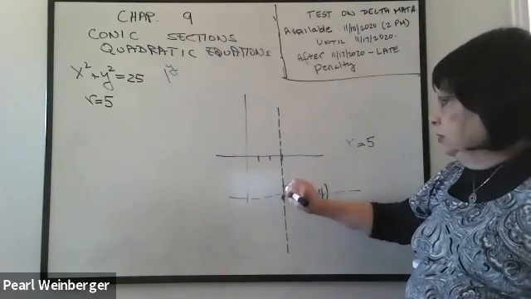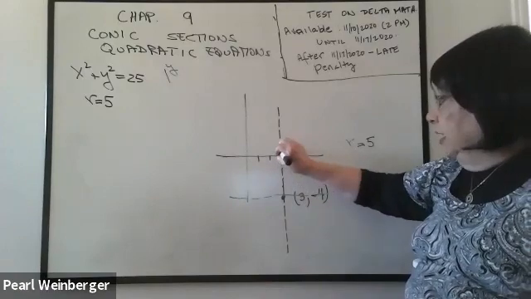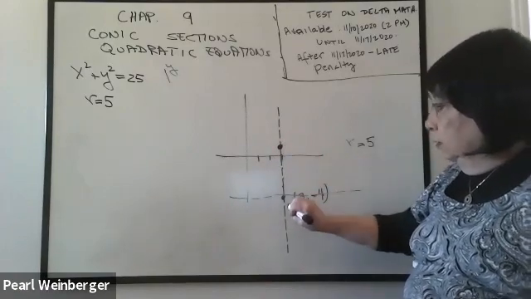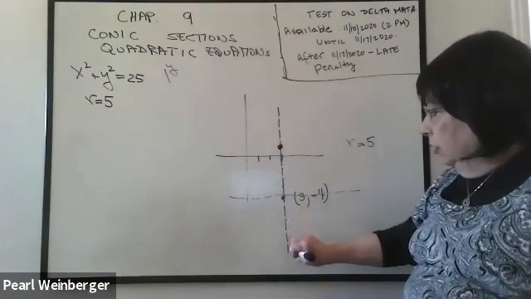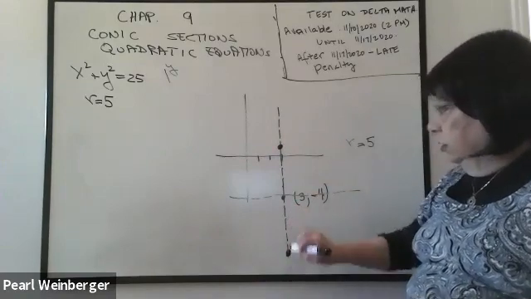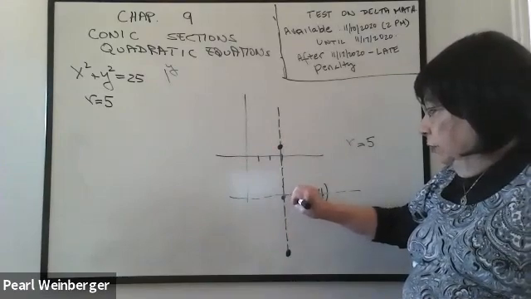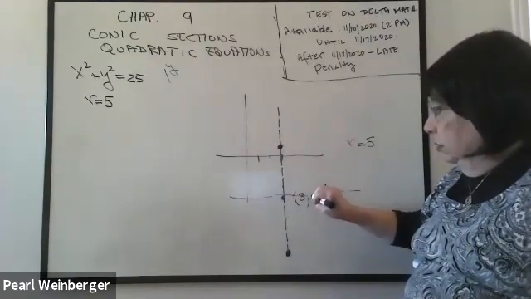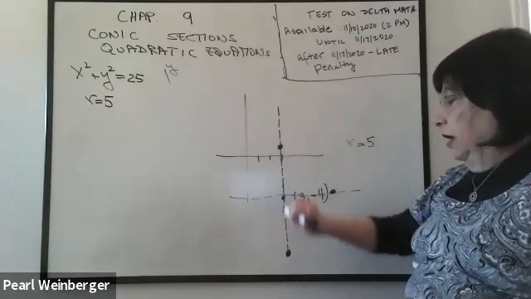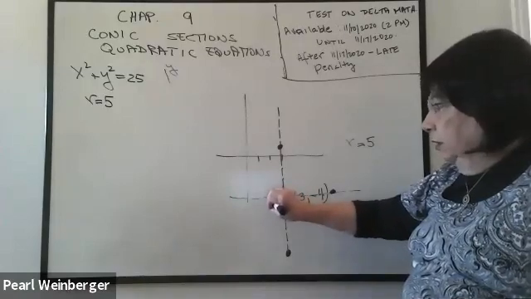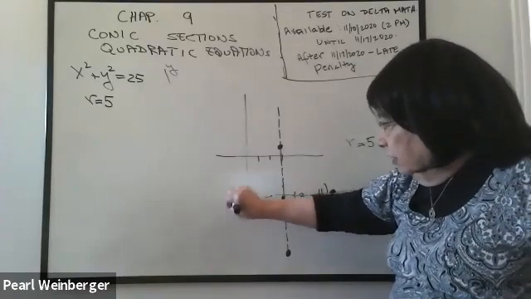So here's 1, 2, 3, 4, 5 up. 1, 2, 3, 4, 5 down. 5 to the right: 1, 2, 3, 4, 5. 5 to the left: 1, 2, 3, 4, 5.